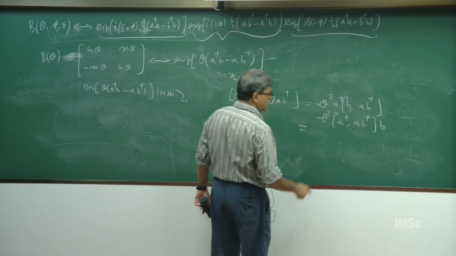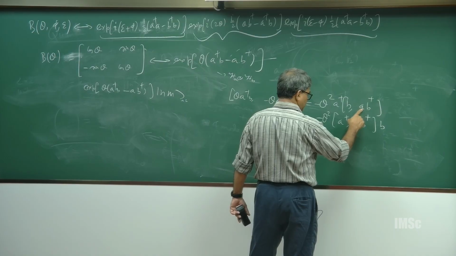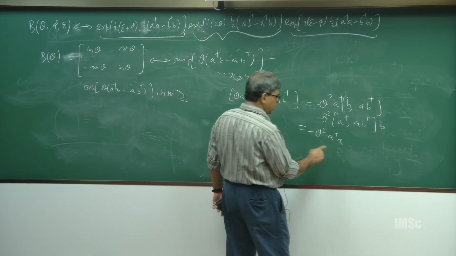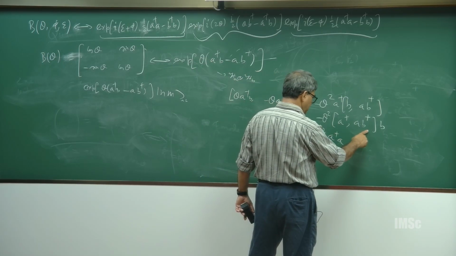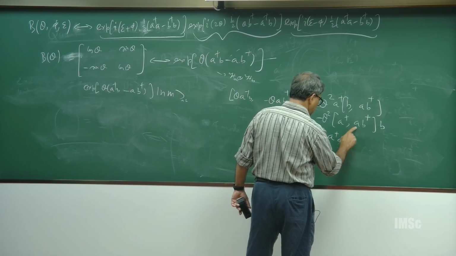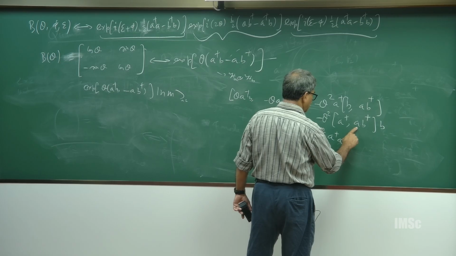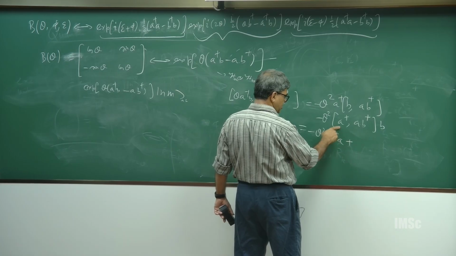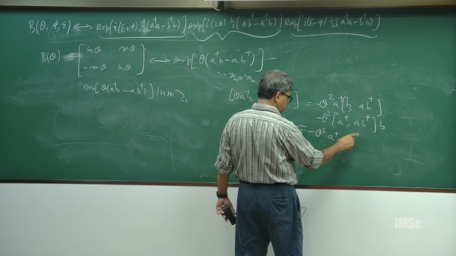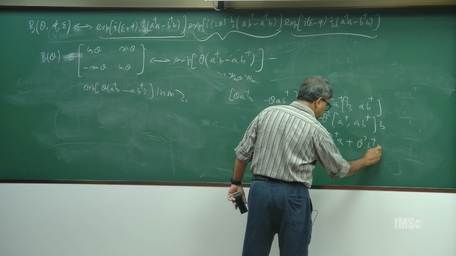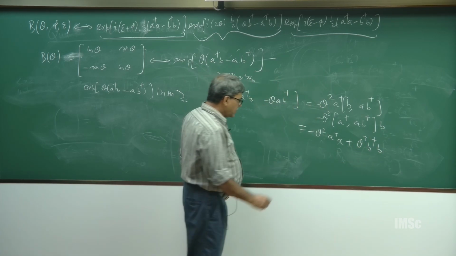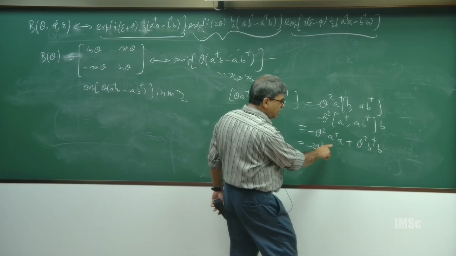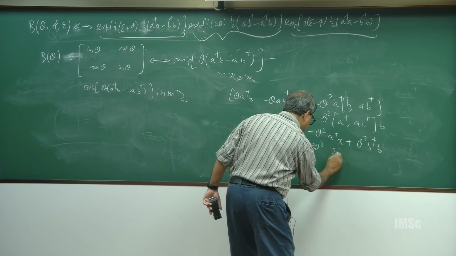So now this is minus theta square, this is A dagger A, and this one, now what is this? B dagger B, theta square B dagger B, right? Okay. So this is what? Minus theta square, twice theta square. I think this is J Z, right? Right.